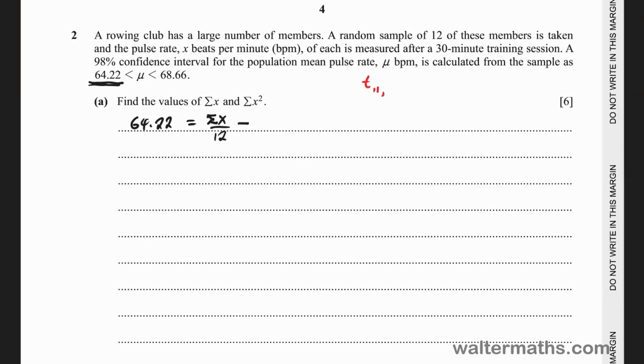And since it's a 98% confidence interval, it means that we've got 1% in the tails. So for the t value, we have a p value of 99%. So basically 0.99.